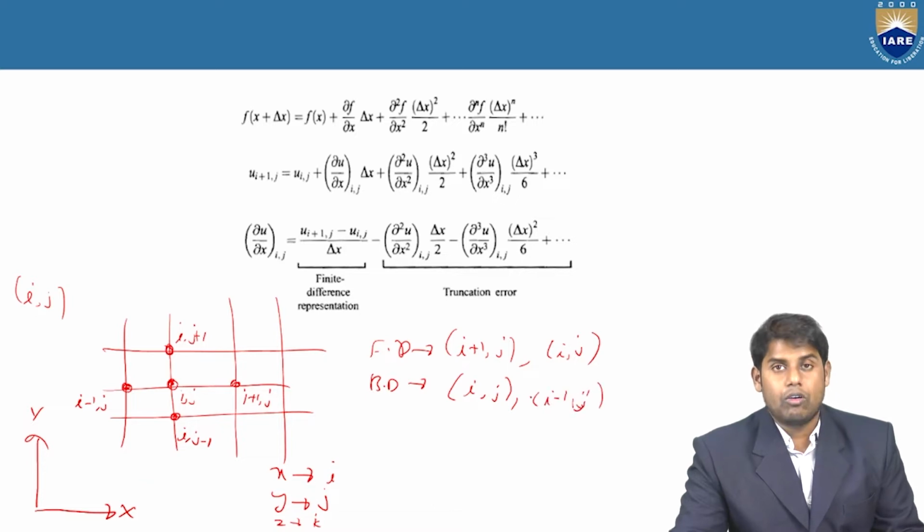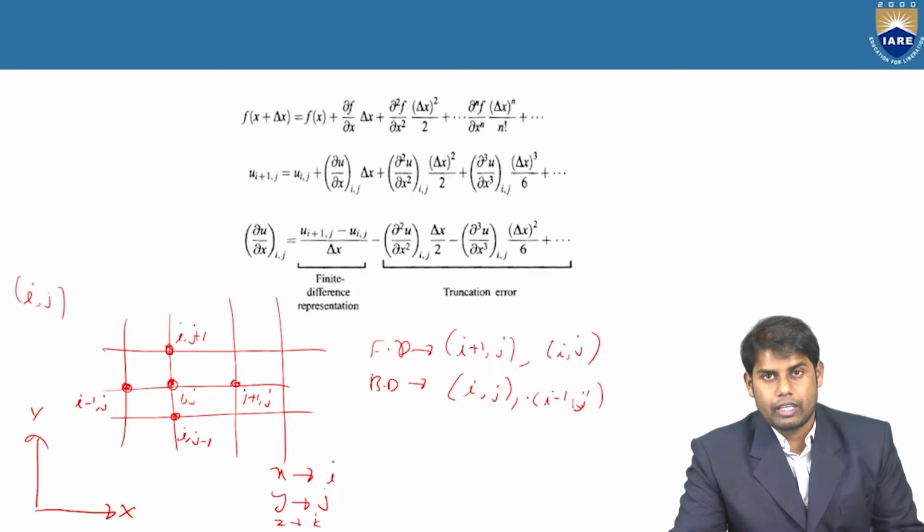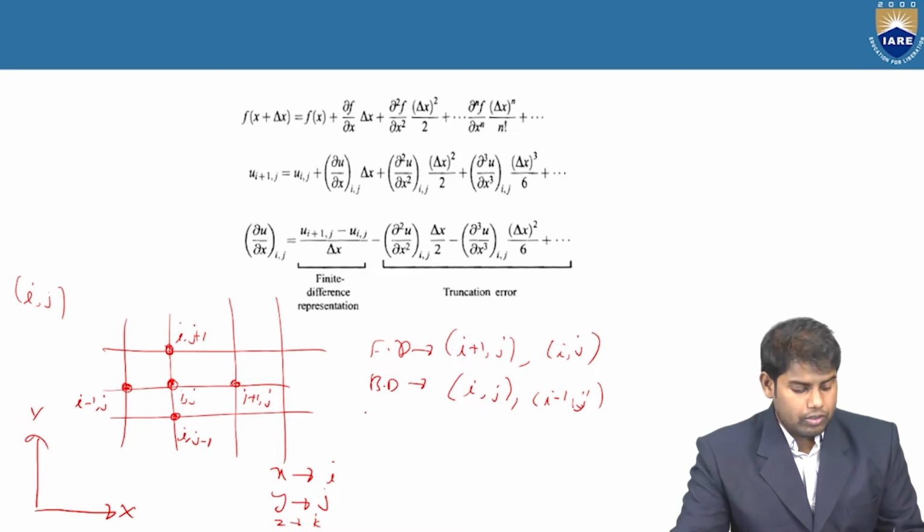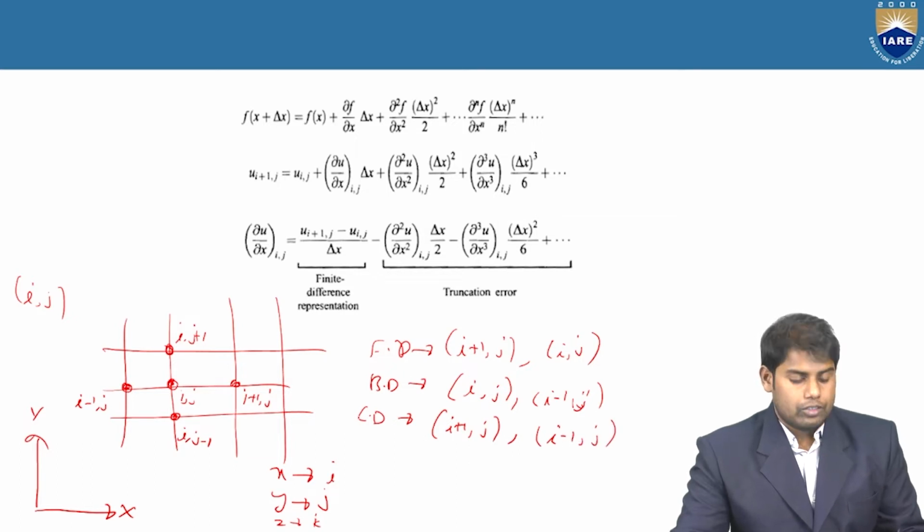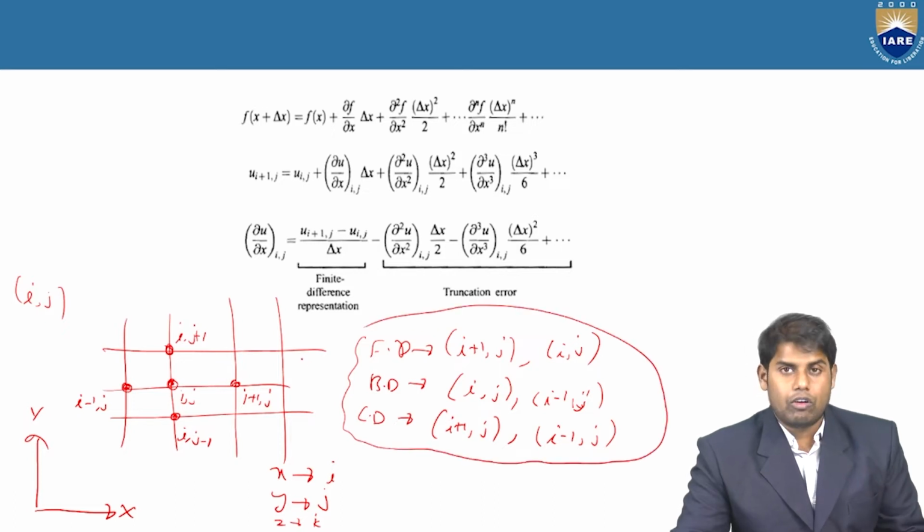I am talking about the variation along the x-axis. For the central difference, you have i plus 1 comma j and i minus 1 comma j. These are the terms involved in the forward, backward, and central differences.